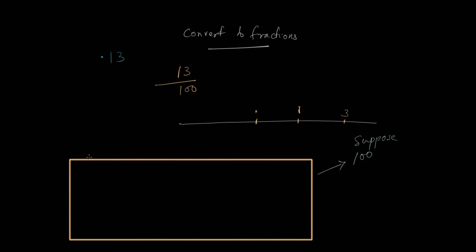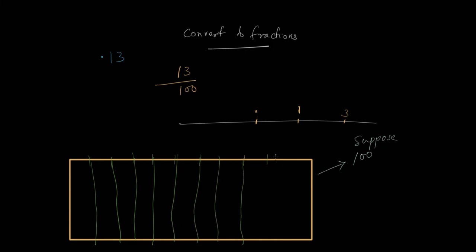Suppose I divide this into 10 parts, 1, 2, roughly I'm drawing this. Suppose I divide this 100 into 10 pieces, and it said that 13 portions are shaded. That means this one is completely 10, so this will be shaded completely, no doubt in that.